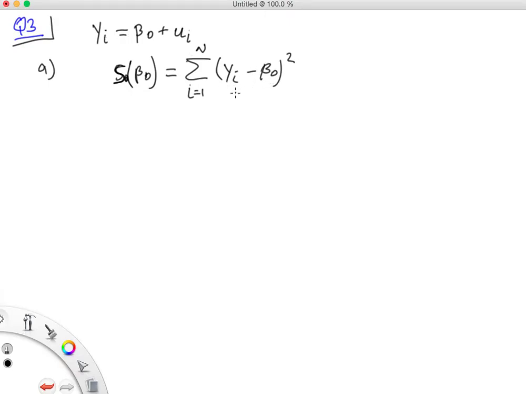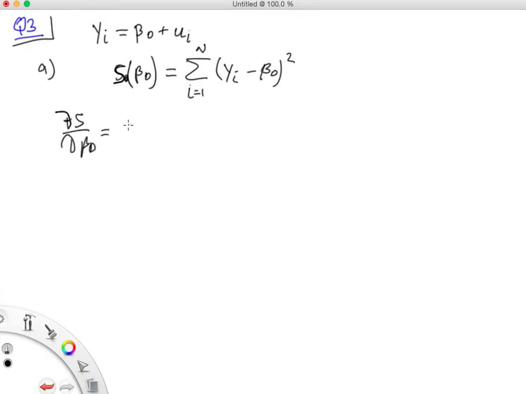And again we take the partial derivative with respect to beta 0. So, the partial derivative of S with respect to beta 0.